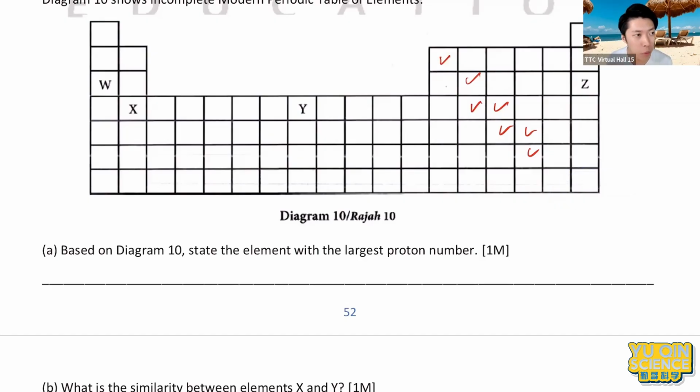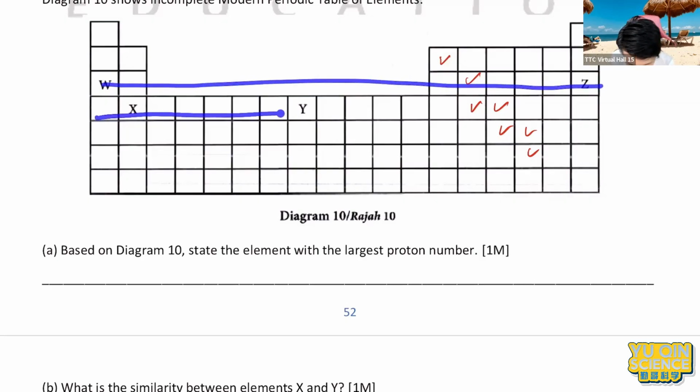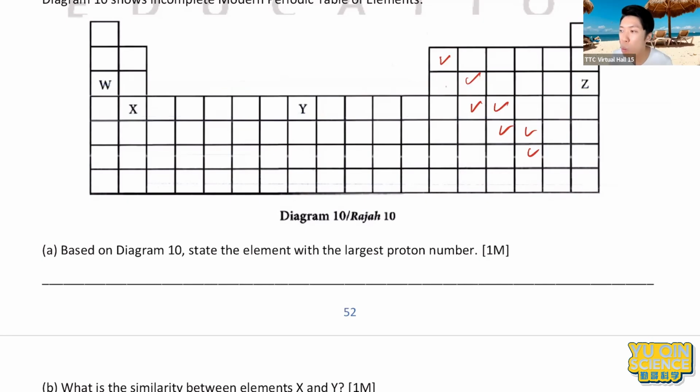The largest proton number should be element Y, because if you count 1, 2, 3, 4, 5, 6, Y has the largest number among the four alphabets, because the table was arranged by proton number.